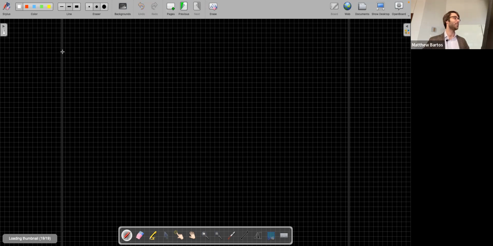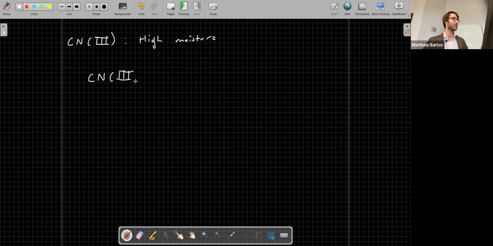Similarly, for high moisture conditions. Okay, so this is high moisture. You might see this after a heavy rainfall event. To convert to a high moisture curve number, use the following equation: 23 times our standard curve number, which I'll call CN2, divided by 10 plus 0.13 times CN2.